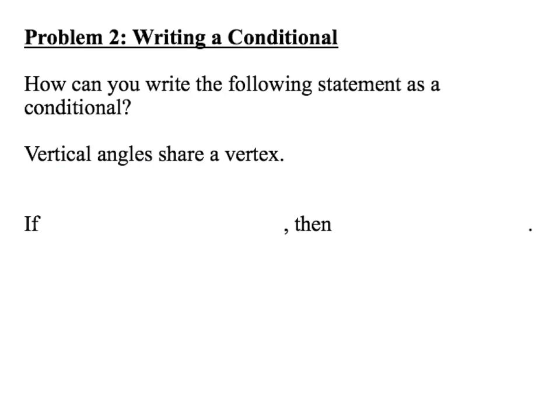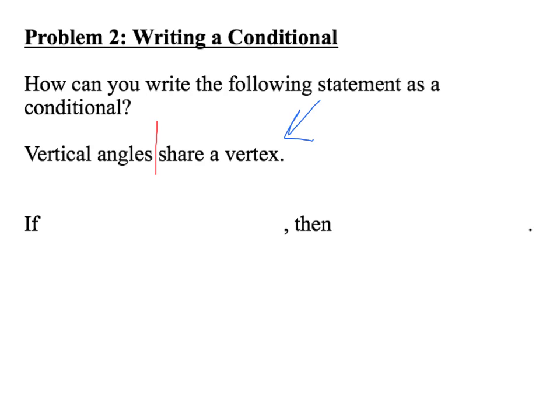You should pause the video right now and try to write this sentence into a conditional statement. So an if-then statement. When you are writing this into a sentence, you should look for the two parts that the sentence holds. So in this sentence, I have vertical angles and I have share a vertex. Those are my two parts. Whatever comes first should come after the if.